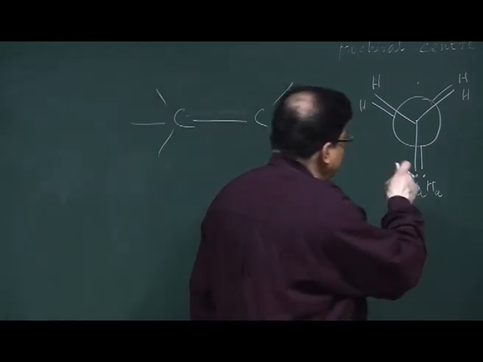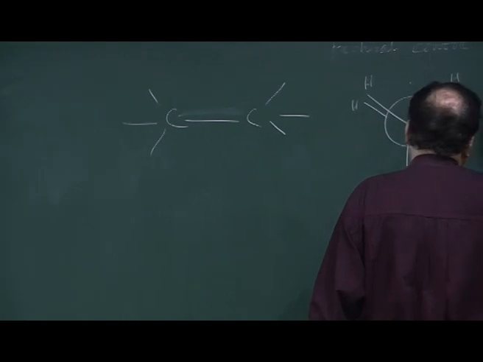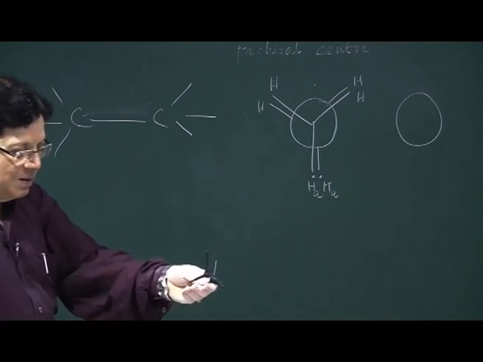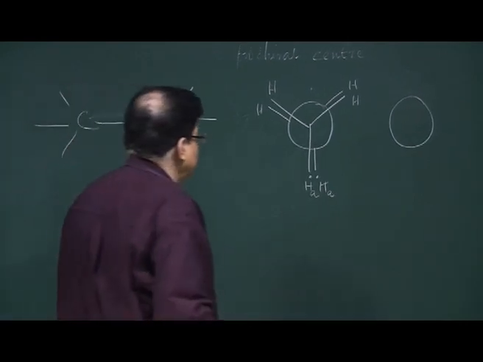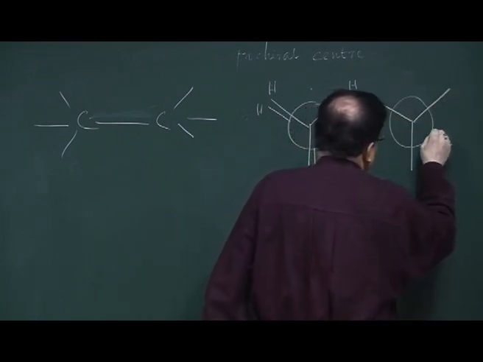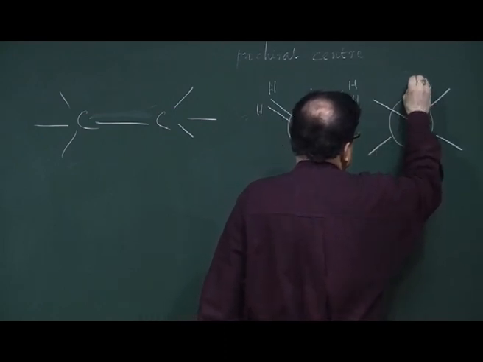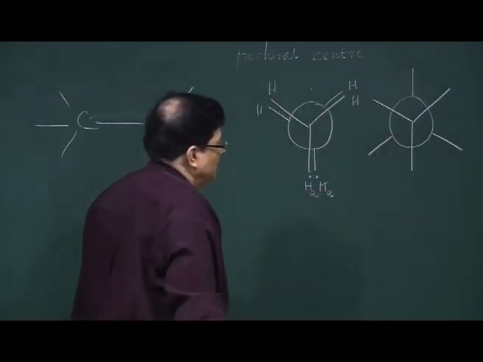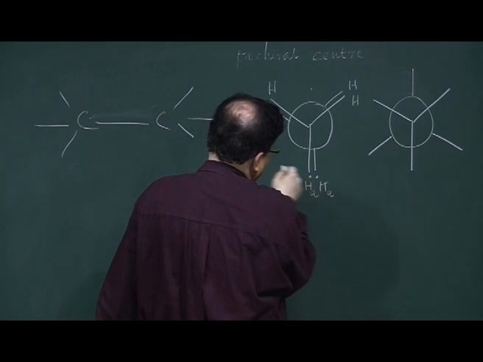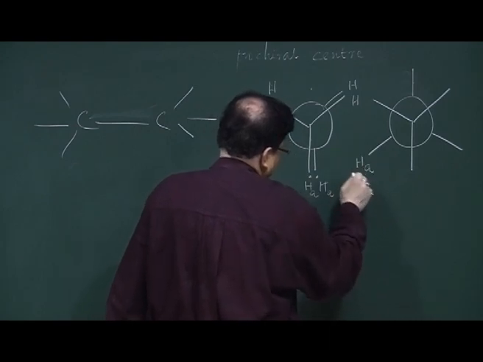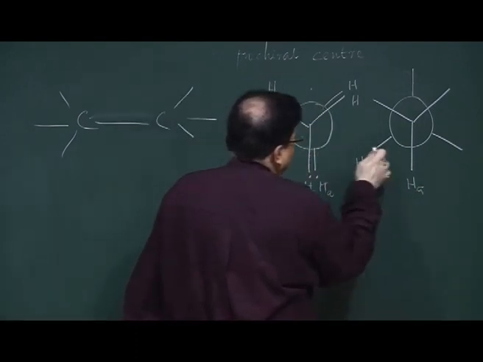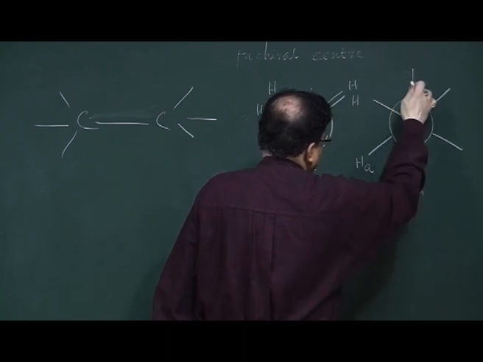And so, we identify two extreme ones. One is where all the bonds are eclipsing each other, and the other one is where the bonds are not eclipsing each other, rather these bonds are in between the other bonds. So, earlier this was eclipsing that one, now suppose this is the HA, you have rotated this one and brought it here, and that means you are rotating the other ones also.